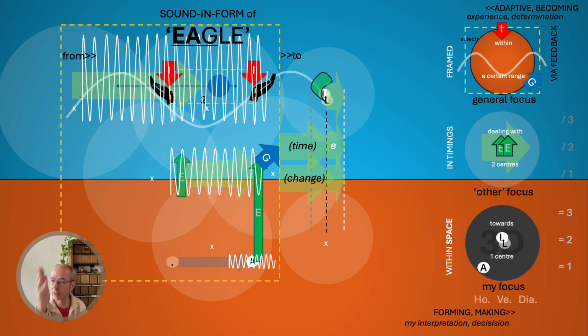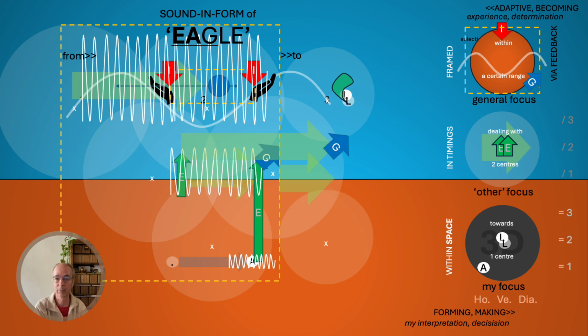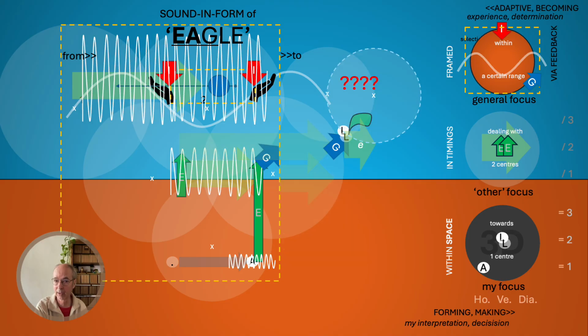It's timed to that point, really towards that point. And that timing is very important. In that point, there will be a form. We will form that towards that timing. But the G, as well, if I put that in that focus towards the same spot, it also means it goes towards a bigger space.